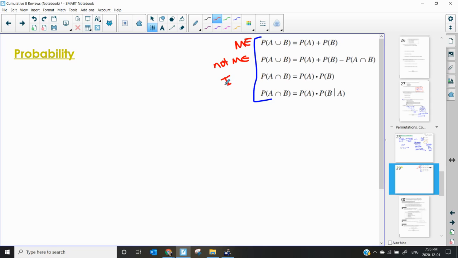Then we have independent and dependent. Now, quite often you're going to be asked questions where you're given some numbers and you're asked, is this mutually exclusive or is this independent? All you need to do is substitute the values into the correct equation and see if it makes the statement true. If it does, then it meets that criteria. If it doesn't, then it doesn't.